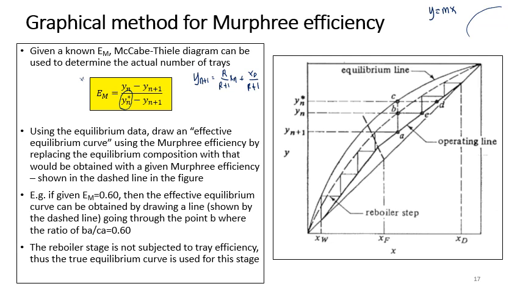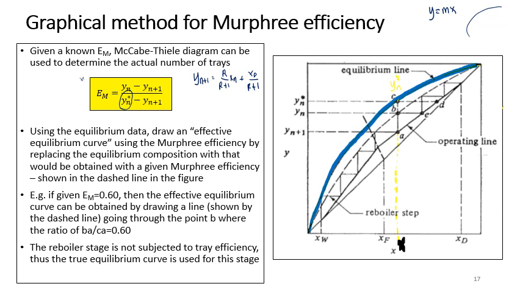If your tray is 100% efficient, you would use the actual VLE curve and reach point C to get your yn star.